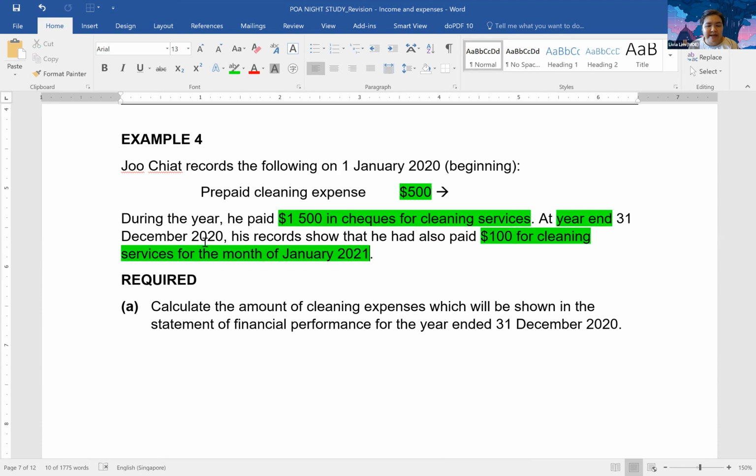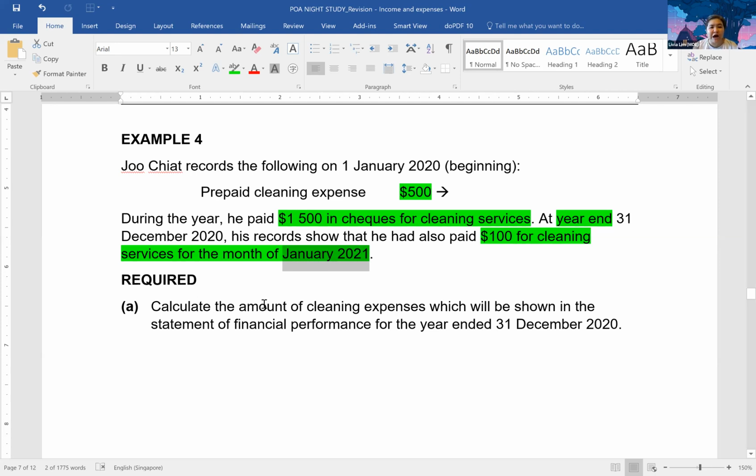What is the year end? The year end is December 2020. So inside this $1,500, there is this $100 that is related to January 2021, which is in the future. At the year end, he hasn't used this $100 yet.